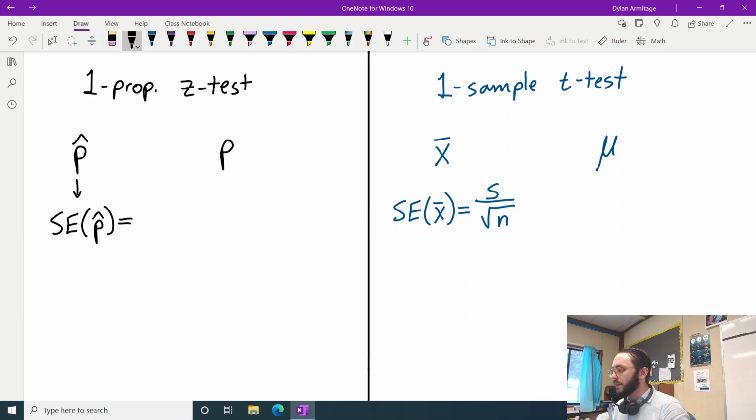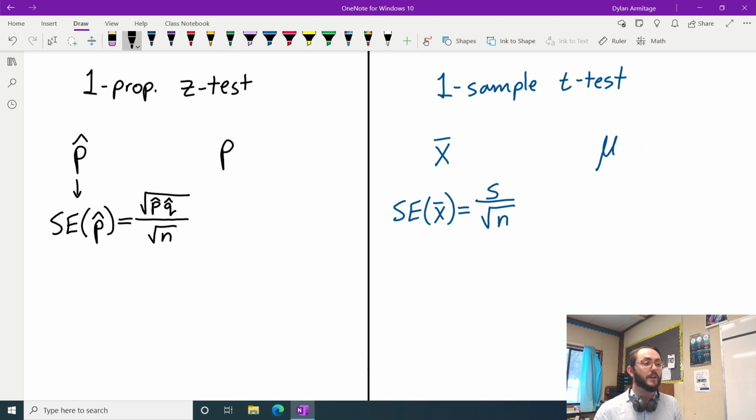Now this standard error here, right, I had written it as square root of p hat times q hat, well, actually, which is really sigma, because that is the population standard deviation. It's calculated the same way. Here we have divided by the square root of n.